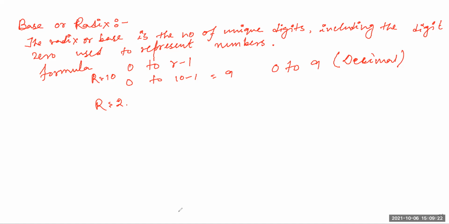So what numbers are involved in the binary number system? I already gave you the formula. Sir, 0 to 1. 0 to 1.